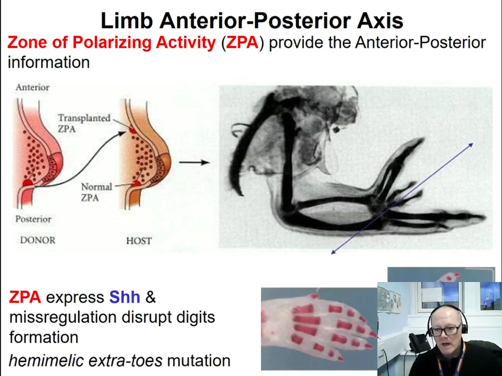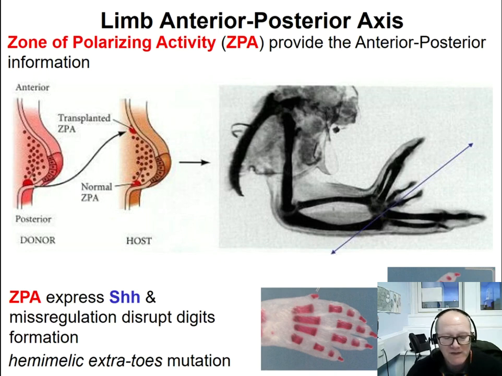And in mouse, there is a particular mutant called the hemimelic extra-toes mutant, a mutation that causes a disruption in the expression of SHH from the ZPA. And here you have on the left-hand side an X-ray picture of a normal-looking autopod of a mouse.